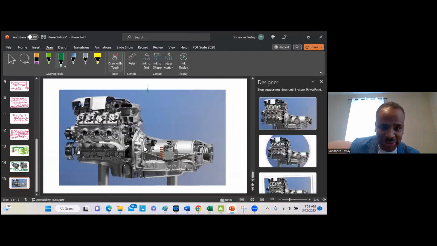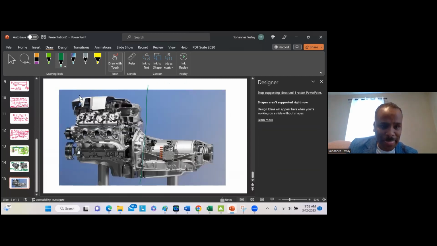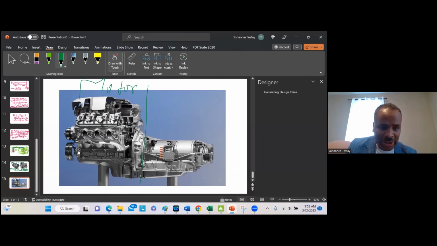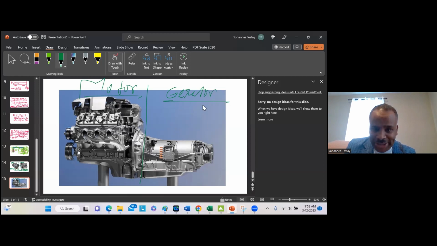So this section is the motor. How it works, I already told you. Okay? And this section is the generator. So how does this generator collect the electrons, or whatever it is, from the crankshaft of the car, right here?